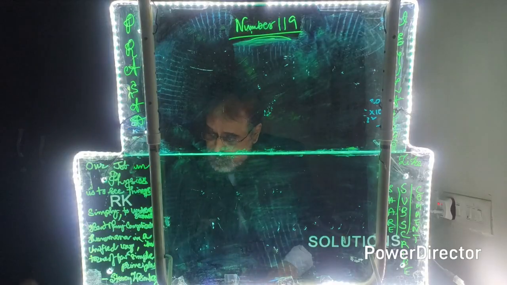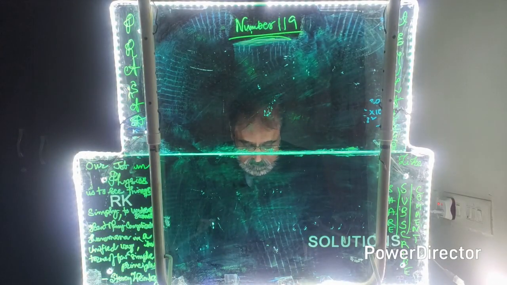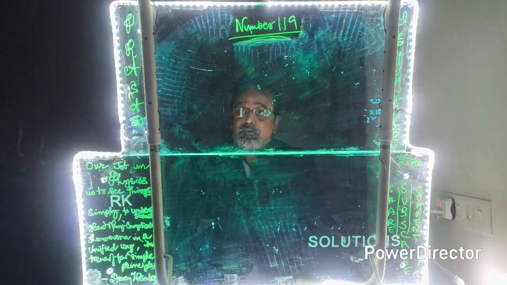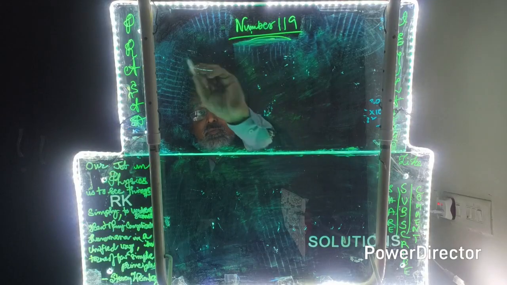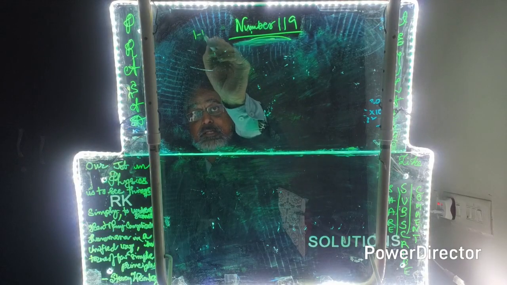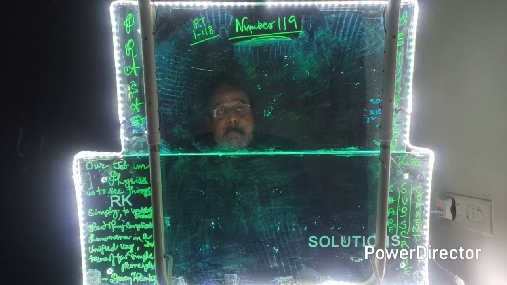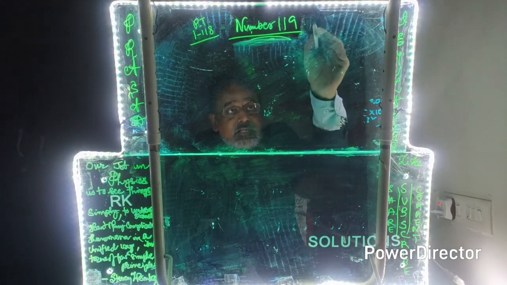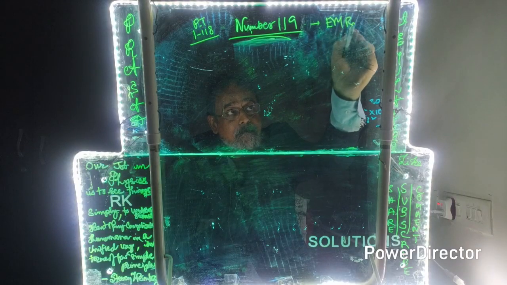Yeah. So we have seen that the periodic table extends from 1 to 118. 1 to 118 is the periodic table. Number 119 is the electromagnetic radiation.